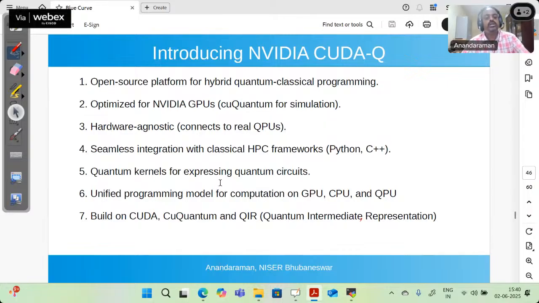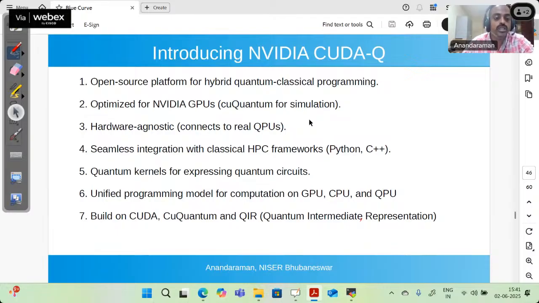Now, an open source platform: CUDA-Q is NVIDIA's quantum programming platform, like Qiskit by IBM. CUDA-Q uses GPUs for quantum programming. It is an open source platform optimized for NVIDIA GPUs. It is not only a simulator; in future, if a QPU (quantum processing unit) comes, you can program the QPU with CUDA-Q also. It offers seamless integration, Python and C++ both.